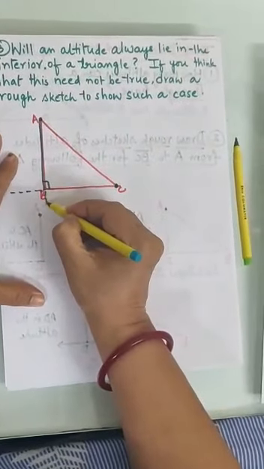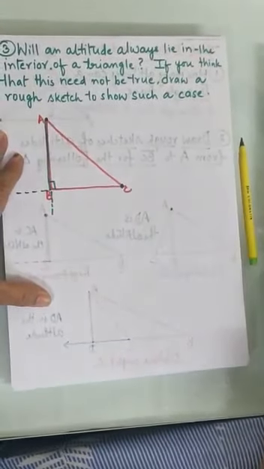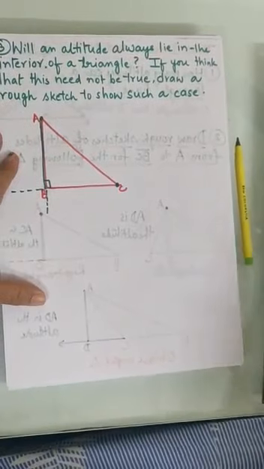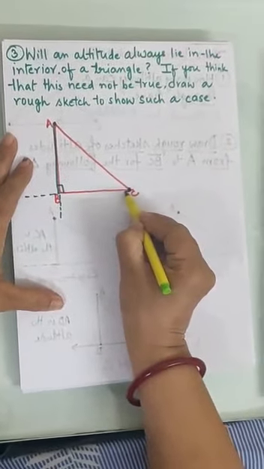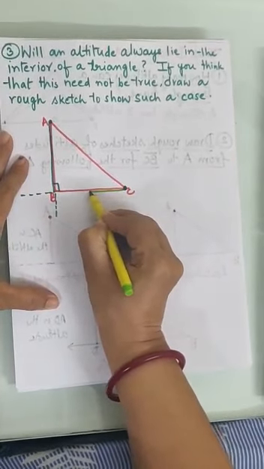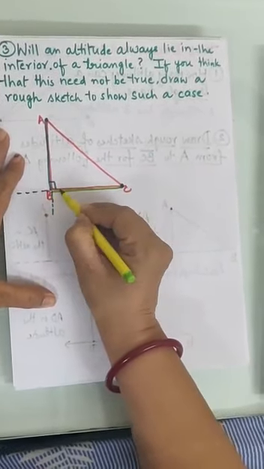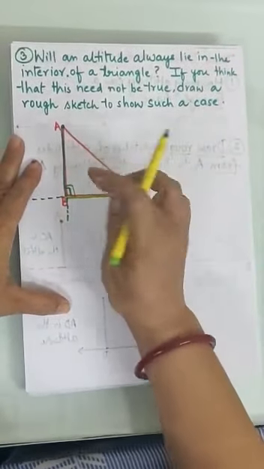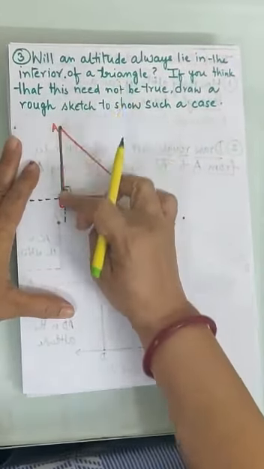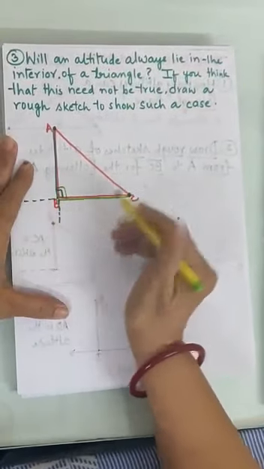So what do? We extend this line, and now we draw perpendicular on it from C. When we start drawing the perpendicular from C, it comes like this. Okay. So what do we observe? That in this case, the two altitudes are two sides of the triangle.